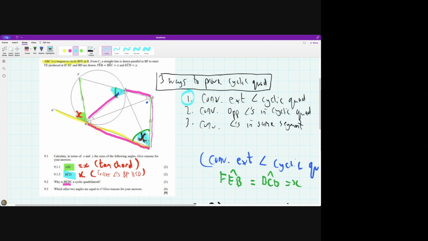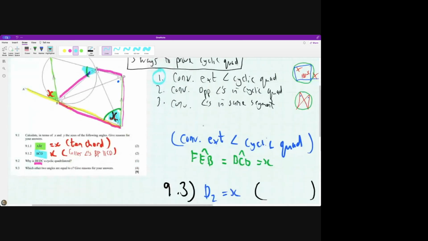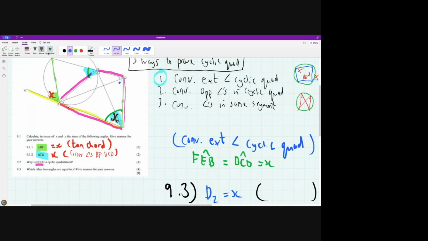Because this is equal to this, we can say, let me write this down, B, E, D, C is a cyclic quad, and that is the reason. This is equal to X, and that's the reason. Give me a thumbs up if you can understand why the pink thing is a cyclic quad by using the blue angles.